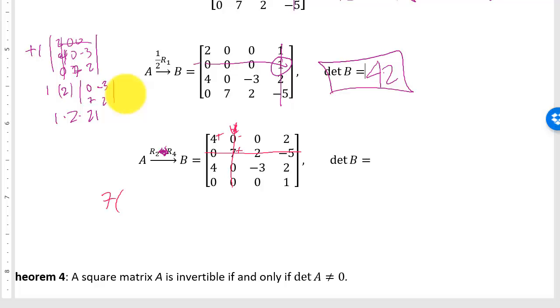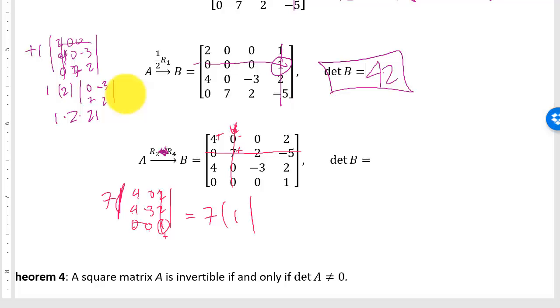And then our resulting matrix is 4, 0, 2, 4, negative 3, 2, and 0, 0, 1. And so with this, I would expand on the last row. That's positive, negative, positive, negative, positive. So that's going to be positive.